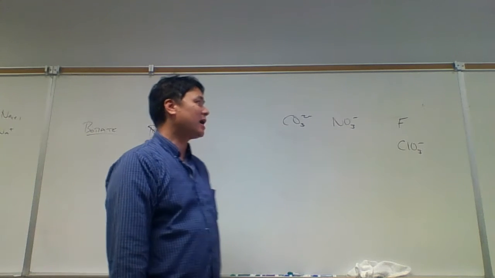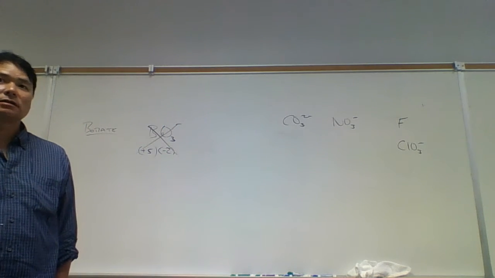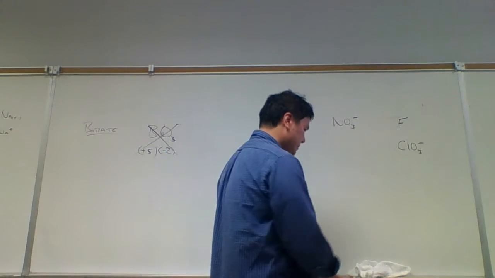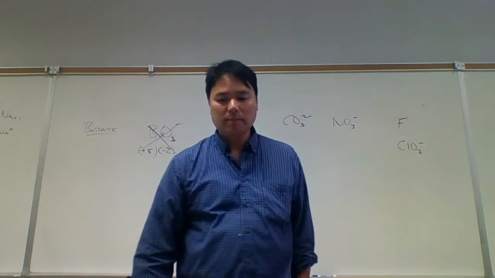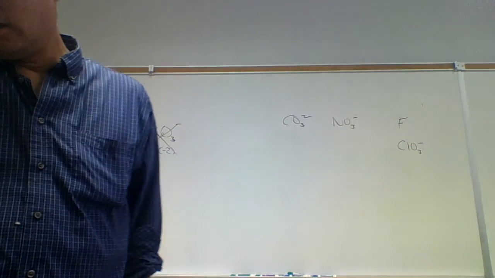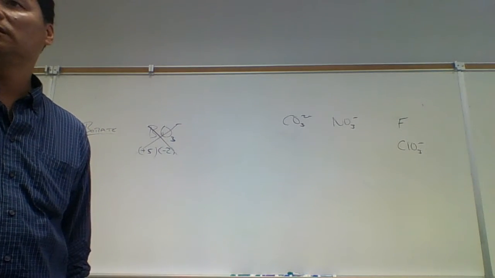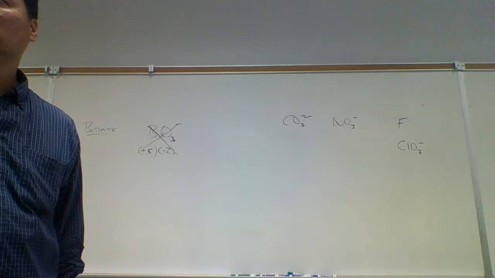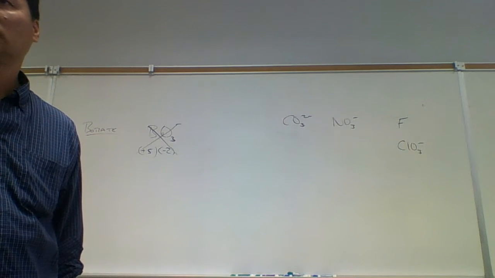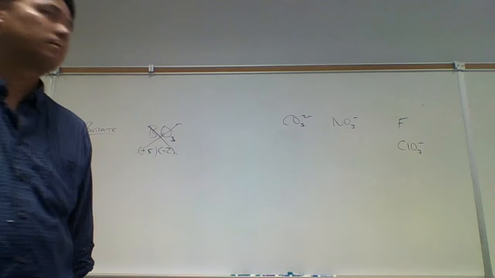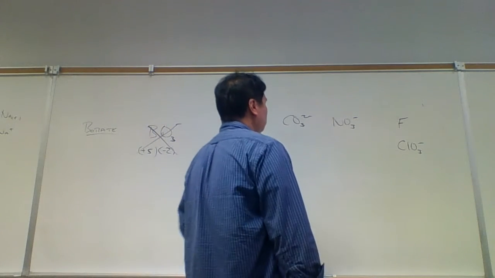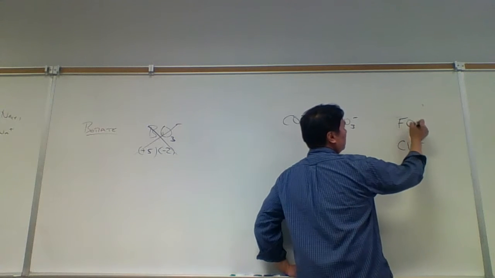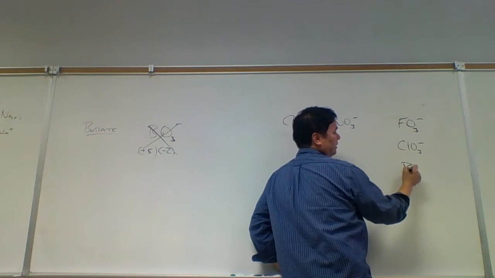Looking at this pattern, what would you guess fluorate is? Well, maybe it's not fair because it wasn't in the Chem 1A book, but it's fair because you should be able to recognize this pattern. What is a fluorate? FO3 minus is correct.